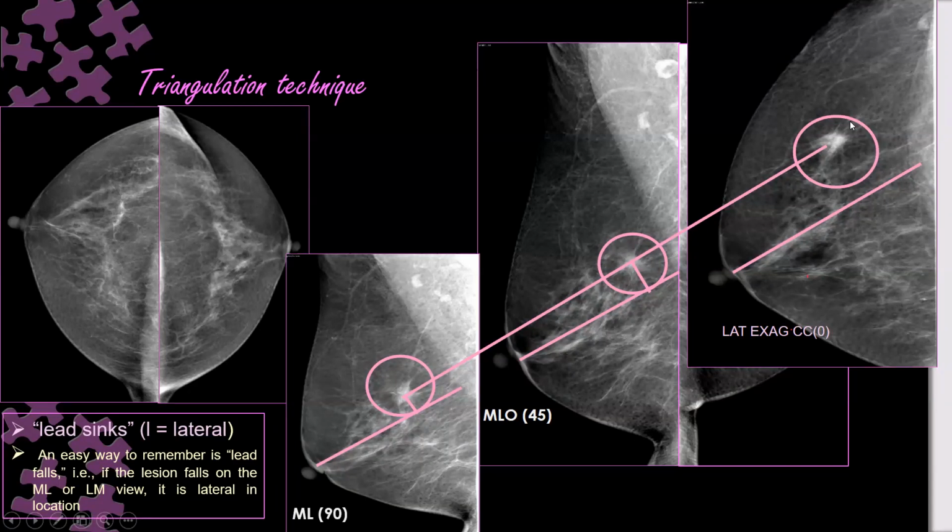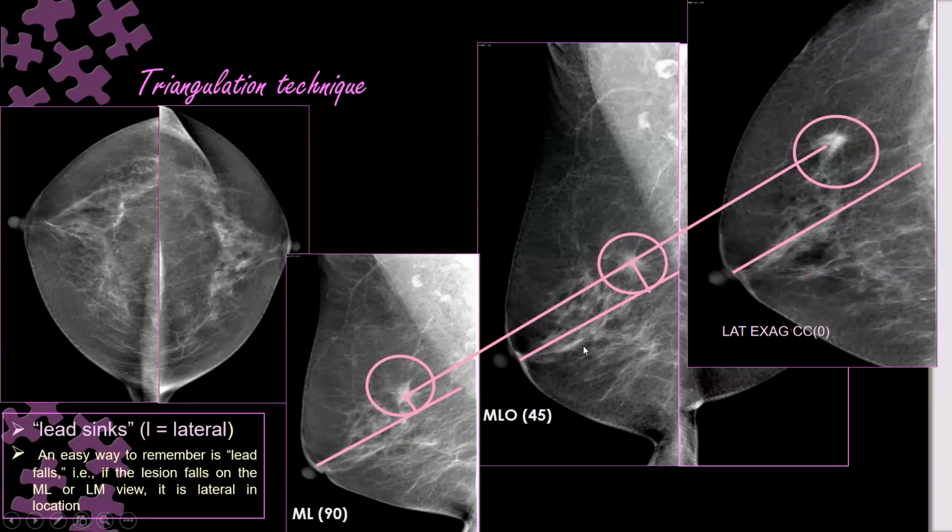But as a general rule, this was my case, and after I did this, I did the MLO to make the triangulation to be sure about high and low.